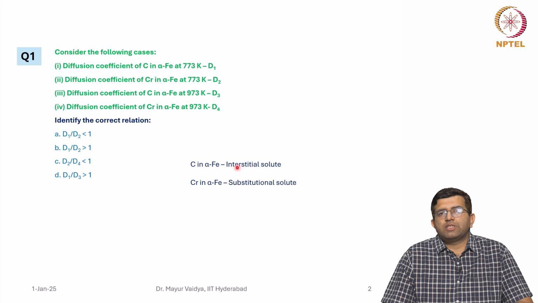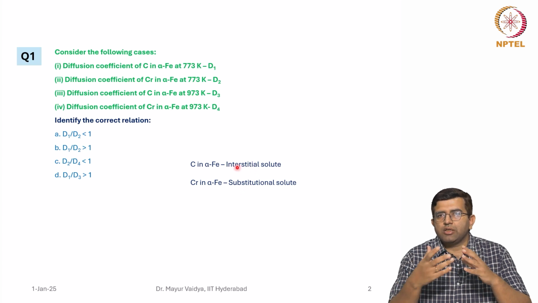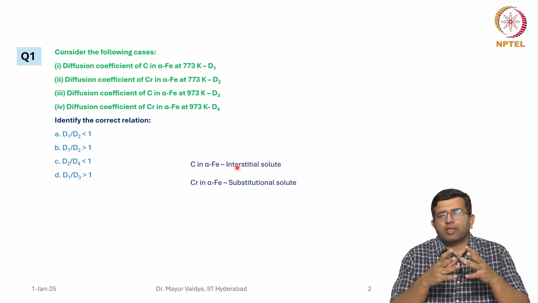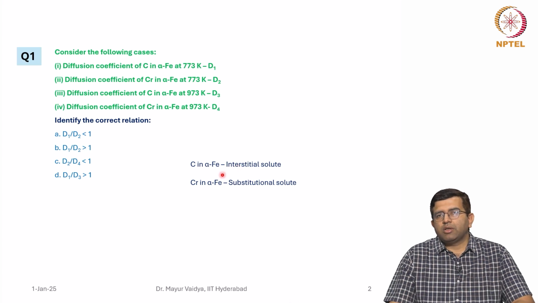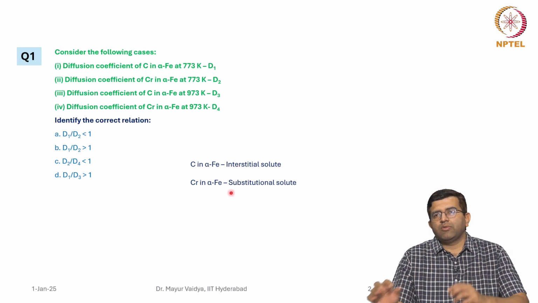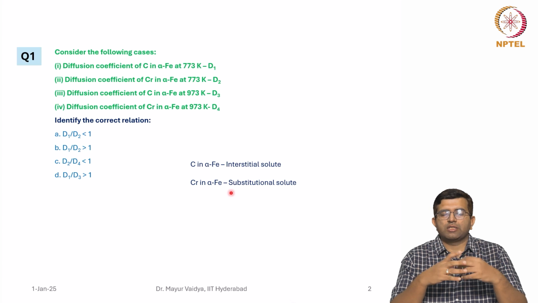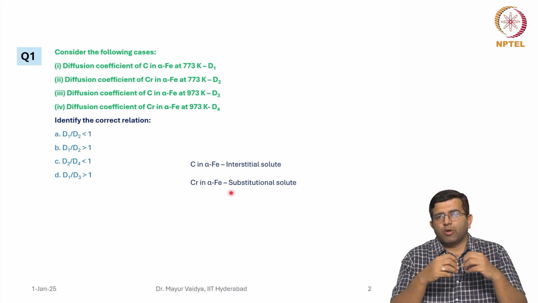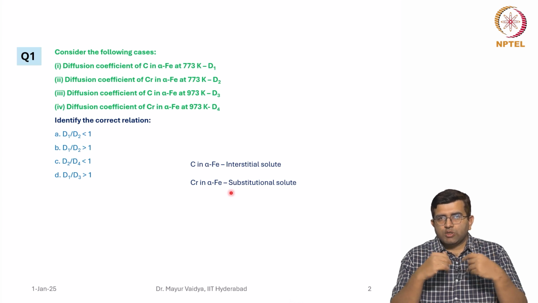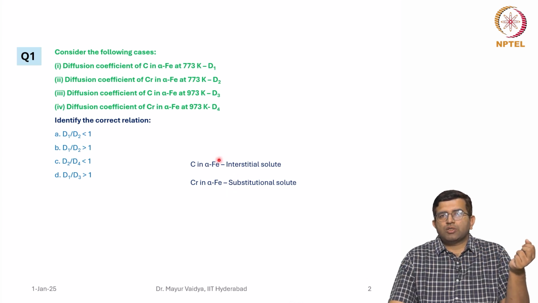And we have seen that in the interstitial mechanism, the activation energy comprises only of the migration term, whereas in the substitutional case, where the diffusion is by vacancy mechanism, the activation energy also has a term of delta H_V, which is the vacancy formation energy. So, the interstitial solutes diffuse at a much faster rate than the substitutional solutes.